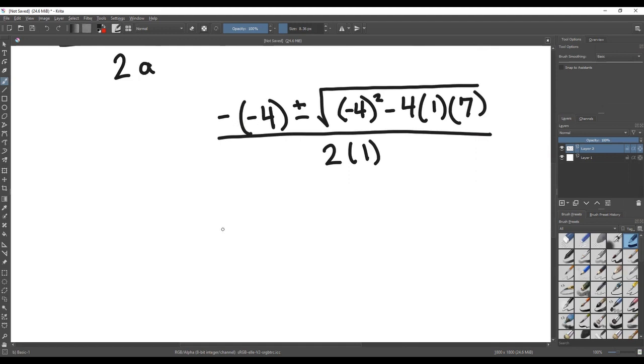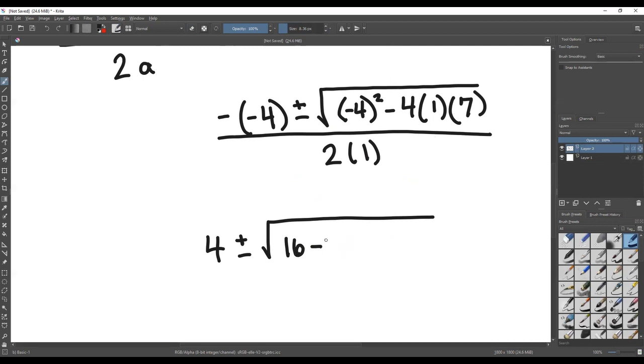So negative of -4 is a positive 4 plus or minus the square root. The square of -4 is 16, because remember, negative times a negative is a positive. So -4 times -4 is positive 16. So 16 minus 4 times 1 is 4. 4 times 7 is 28.